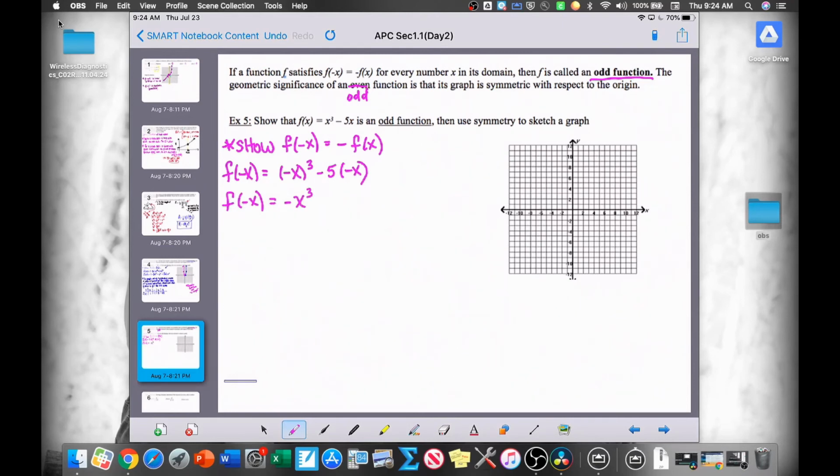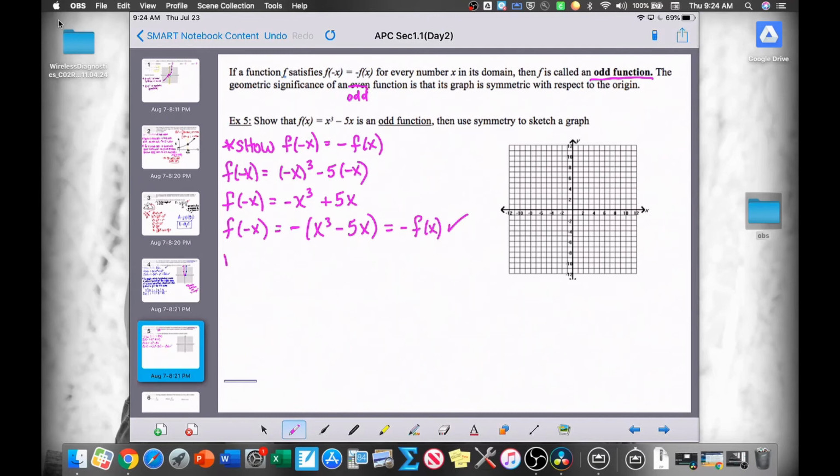And negative 5 times negative x makes positive 5x. Since both terms change sign, I can factor out a negative sign, and inside the parentheses I would have x cubed minus 5x. X cubed minus 5x is my original function, but now I've got this negative sign out in front that belongs to all of it. So I just showed that I end up with the opposite of my original function.